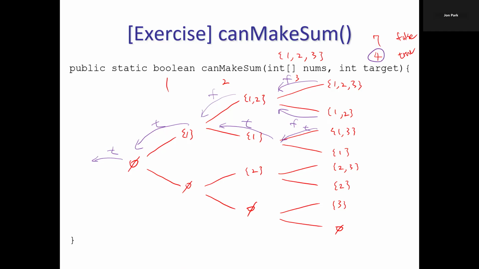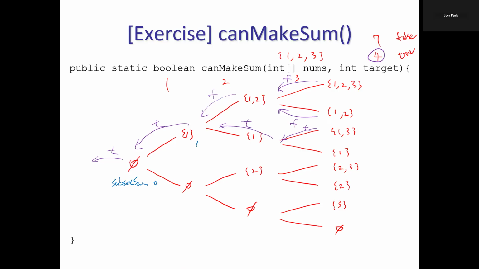So instead of actually using sets, we're going to use subset sum, a new variable, which represents the sum of the current subset you're looking at. So empty set, it would be 0.